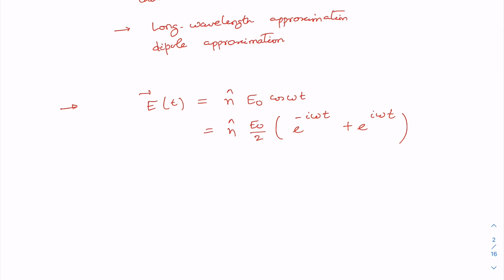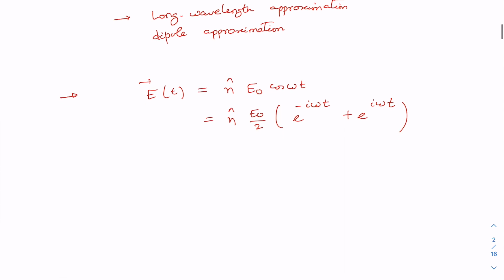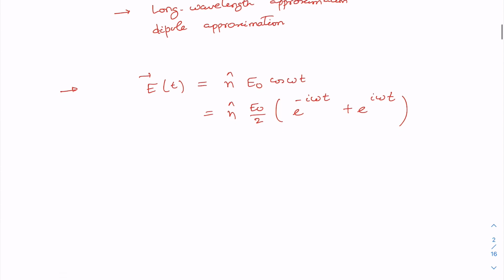Many times it is convenient to decompose the electric field into positive and negative frequency components, and we'll see the benefit later. So I can now write this as two parts: one is the positive frequency part and another one is the negative frequency part.